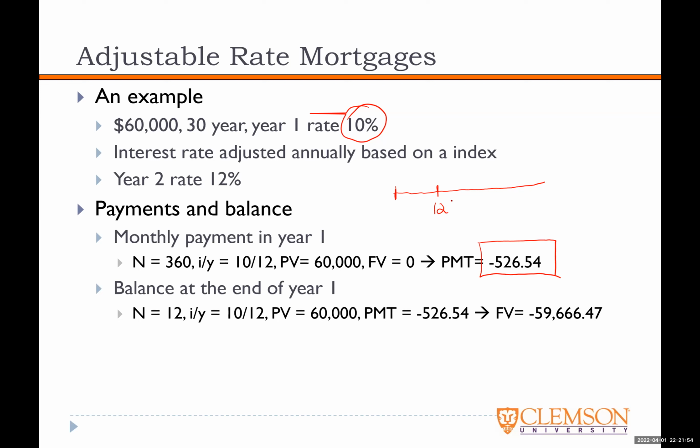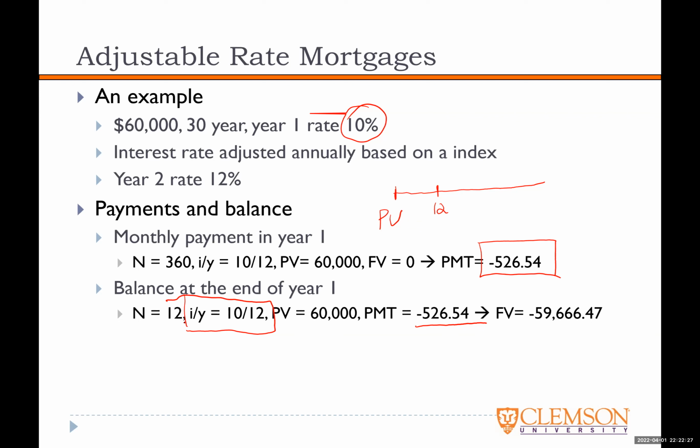By the time we get this loan, the present value today at time 0 is $60,000. We know that in the next 12 months, we will be paying this amount 12 times. And the interest rate in that year is 10 divided by 12.